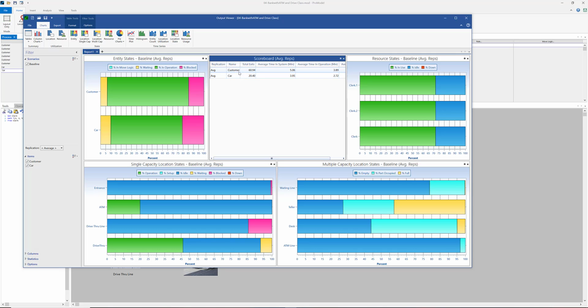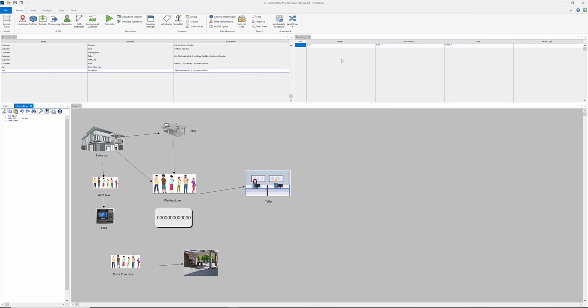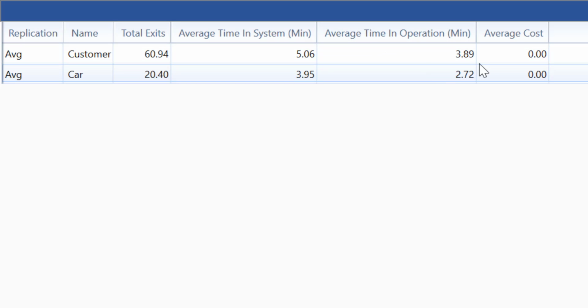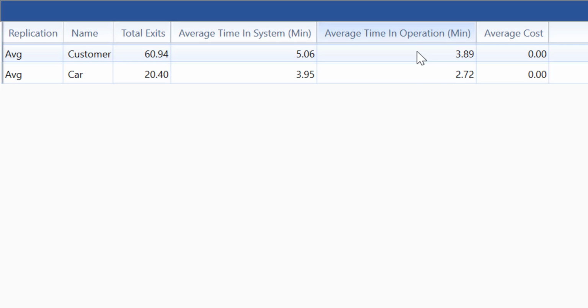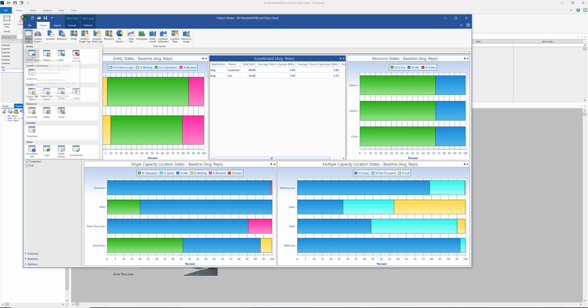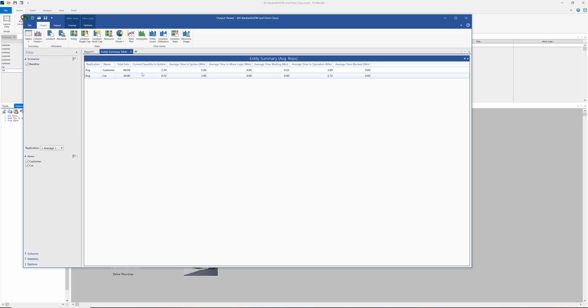This gives you the number of customers served, number of cars served, average time in the system, average wait time, average time in operation, and total exits. Let's look at them one table at a time. Okay, we have the summary table.